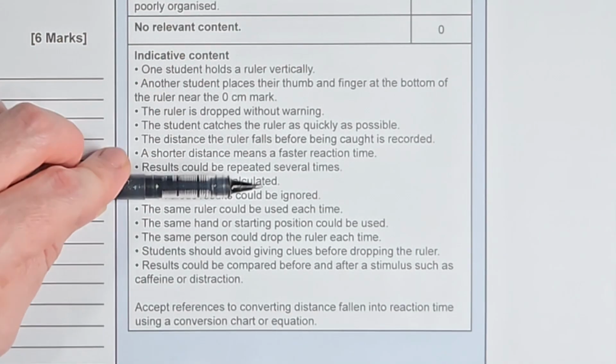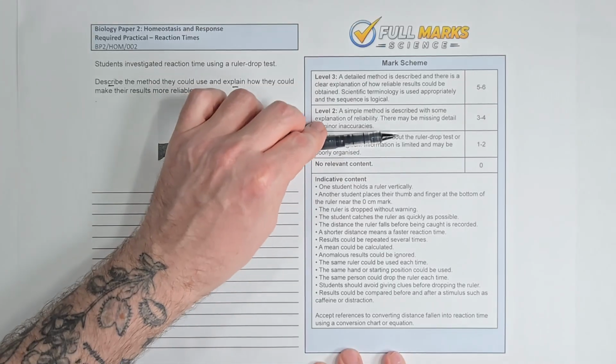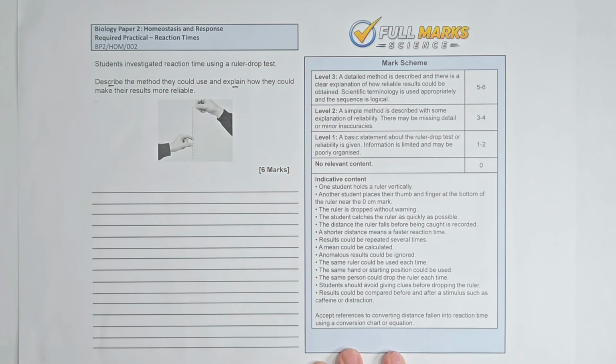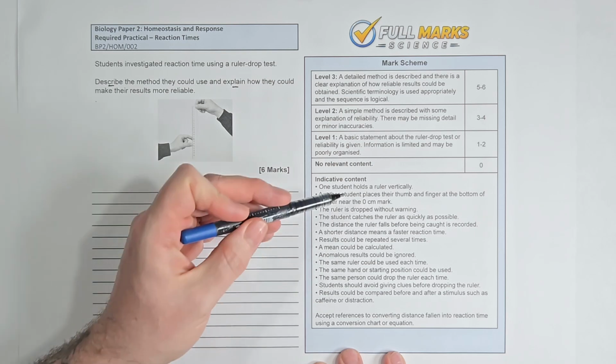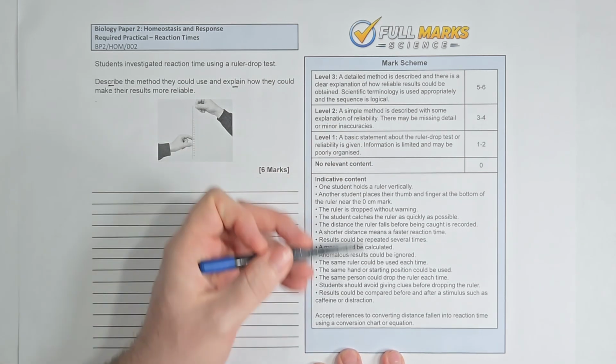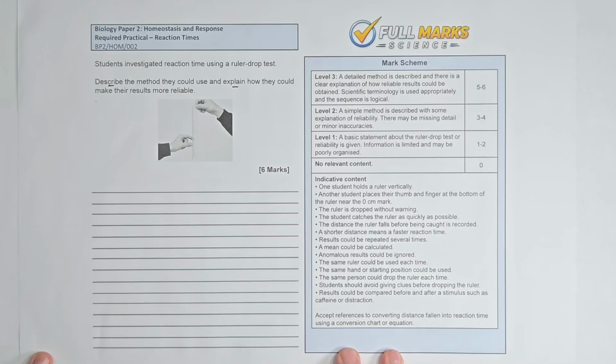The more of these that you're hitting, the higher you're going up in this tier of levels. So I'm not going to read through all of these. We can do the answer, then see what we've ticked off at the end, and compare the two to see if we've hit enough of them to get to that top level.